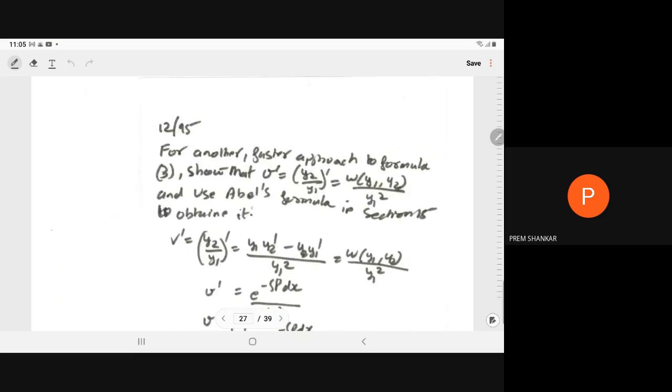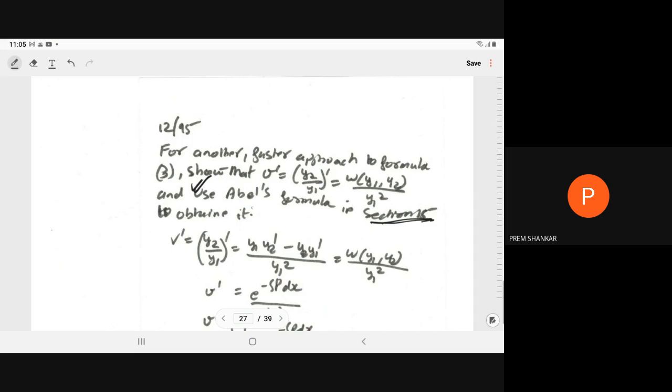So v dash is equal to w of y1, y2 upon y1 square, and use the Abel formula in section 15 to obtain it. So we have the formula of the v.